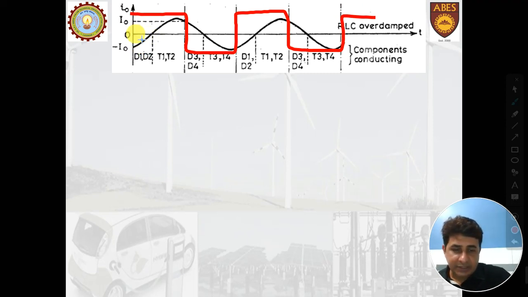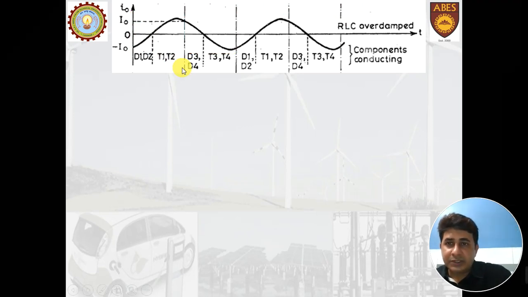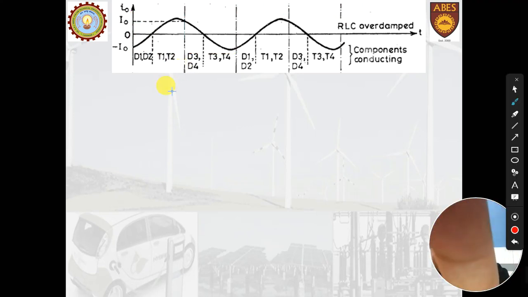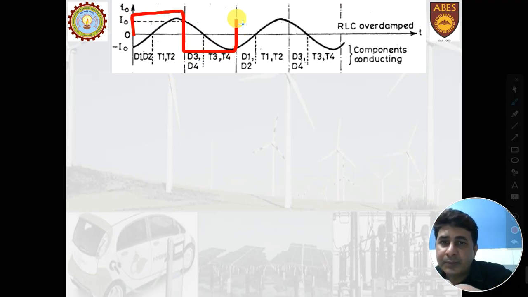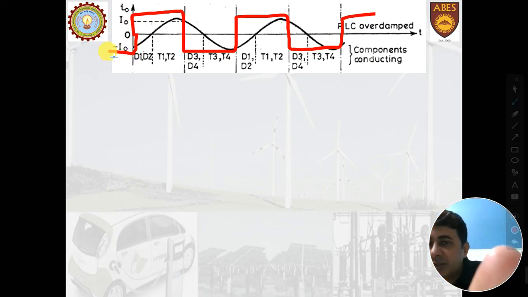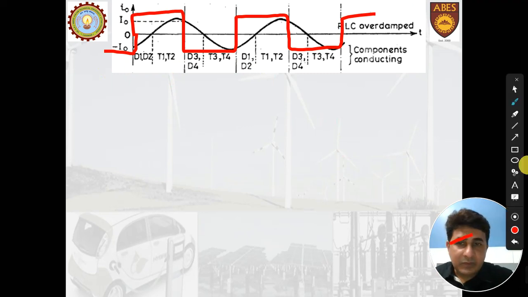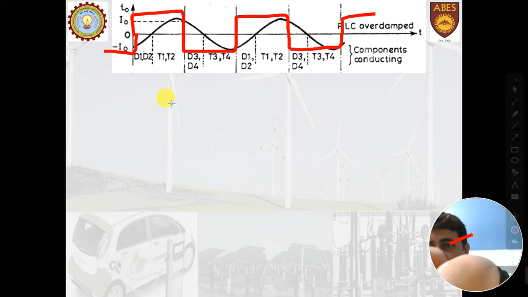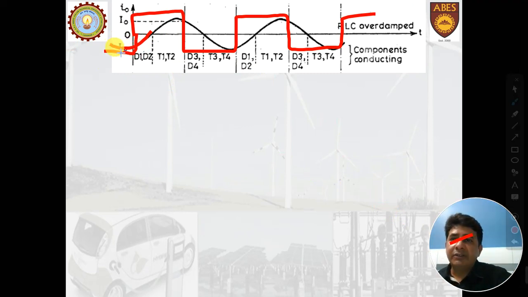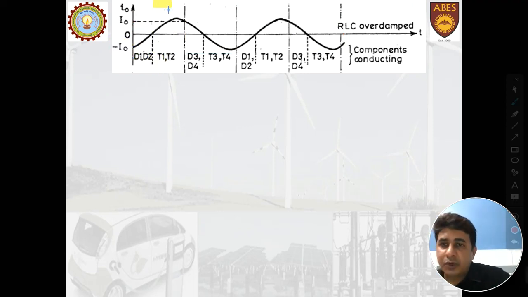Because prior to this, if I draw this voltage behind this, this voltage was negative here, and the current was earlier flowing through T3 and T4. From behind zero, the current was taken.